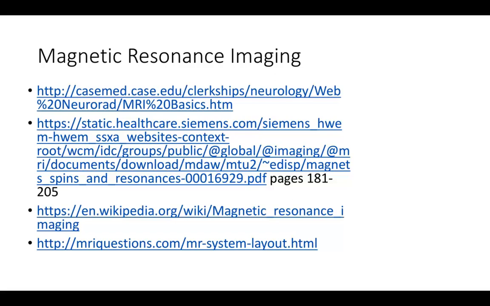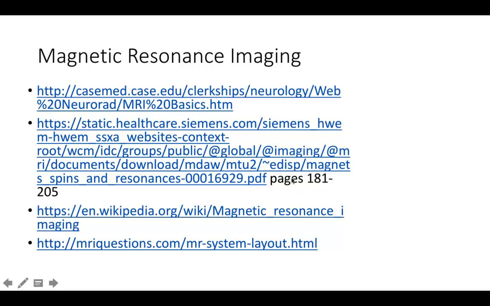So, in this set of lectures, we're focusing primarily on an overview of the subject area, as well as a little bit of a look at some of the instrumentation and systems that are involved. I've used for content on these slides the following references. I particularly would draw your attention to the second one on the list, which is the Siemens site.